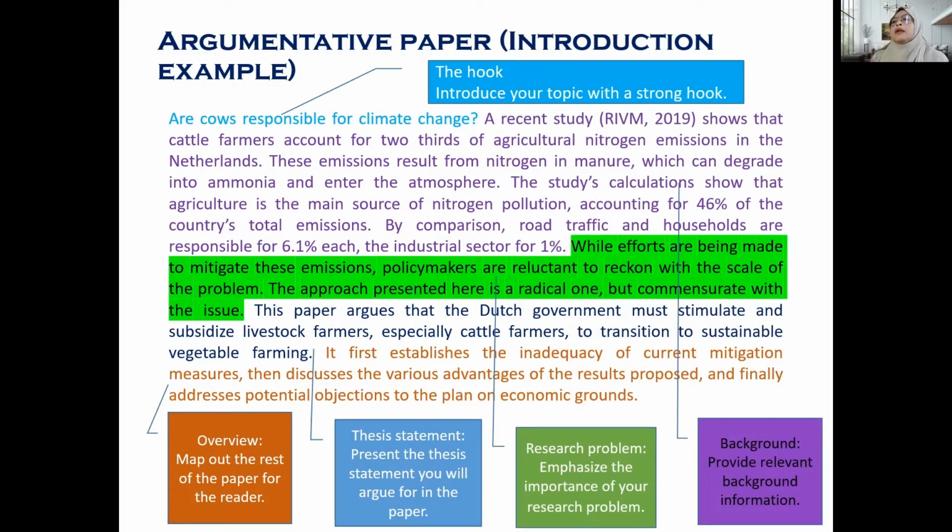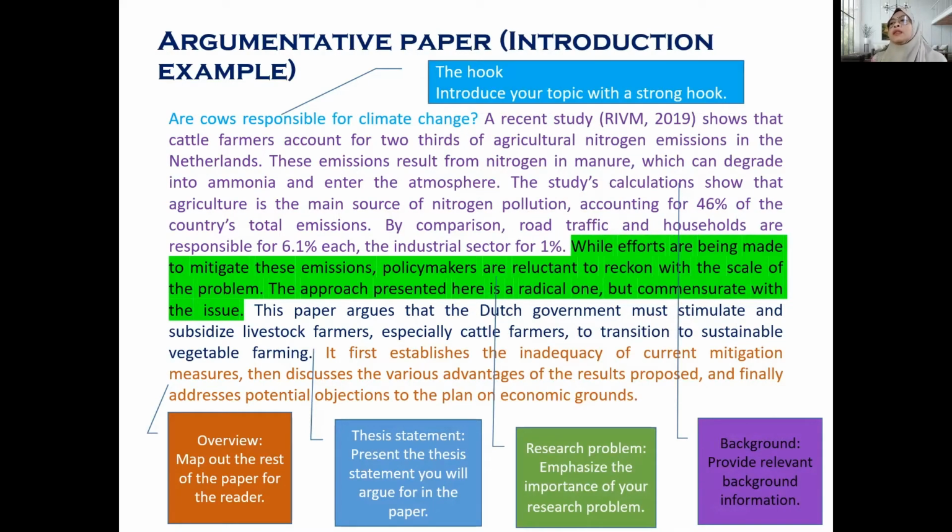So the next sentence is, a recent study, RIVM 2019, for example, shows that cattle farmers account for two thirds of agricultural nitrogen emissions in the Netherlands. So this emission results from nitrogen in nature, which can degrade into ammonia and enter the atmosphere.